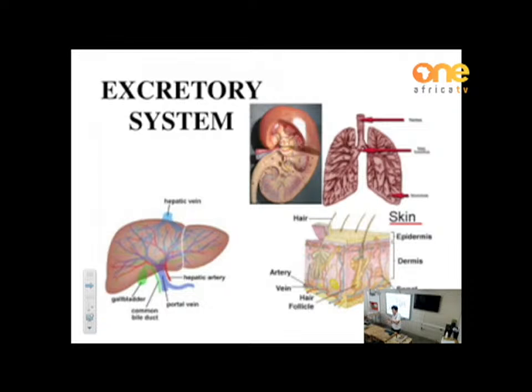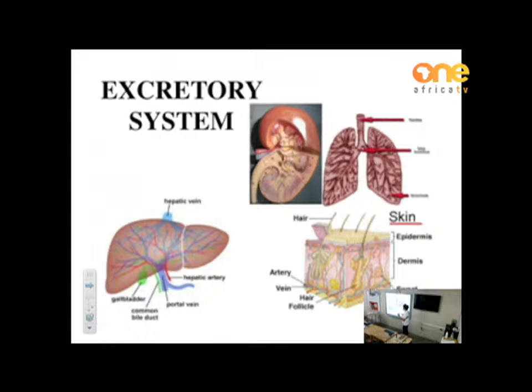Deamination. During deamination, urea was produced. It is a process, the deamination process happening inside the liver cells. Now, we have a product, so we say it is excretion because it is a product of metabolism that the body needs to get rid of.